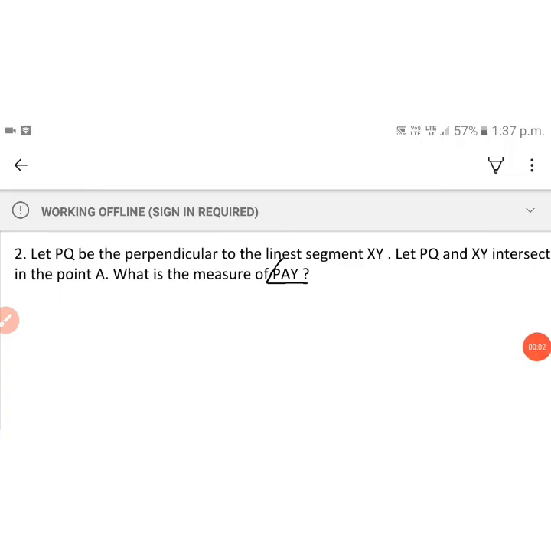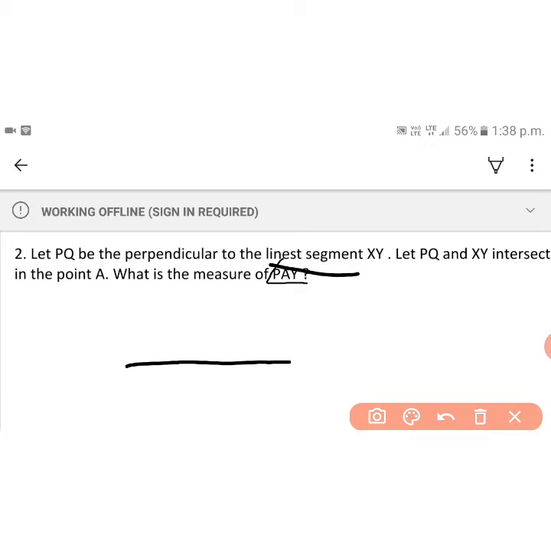Question number 2. Let PQ be the perpendicular to the line segment XY. Let PQ and XY intersect in the point A. What is the measure of angle PAY? First draw the line segment XY.